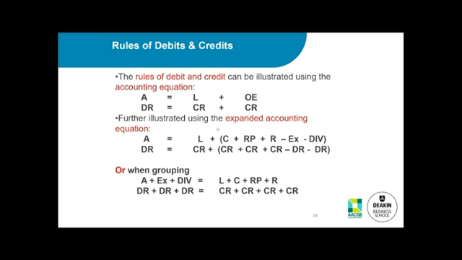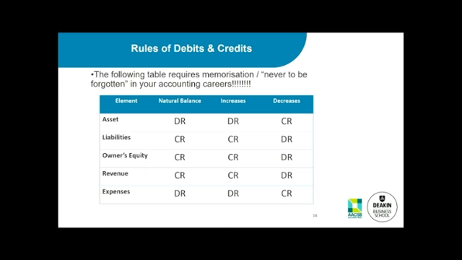So another way of restating it is to put all the debits on one side and all the credits on the other, if that makes it easier for you to understand. Here's another way of expressing it in a little table. And as Ali has said, never to be forgotten in your whole accounting career, because this is the basis of what accounting is all about.